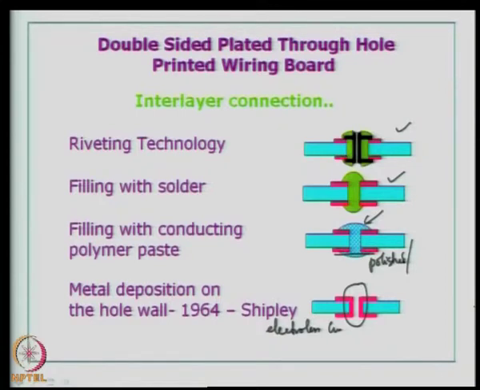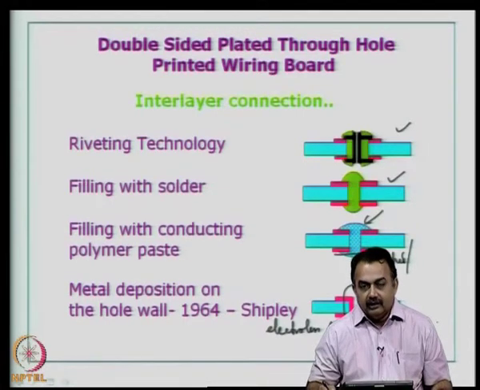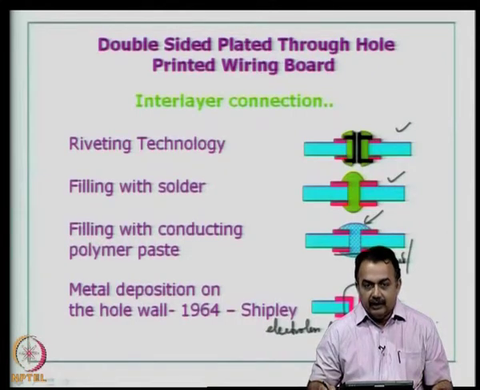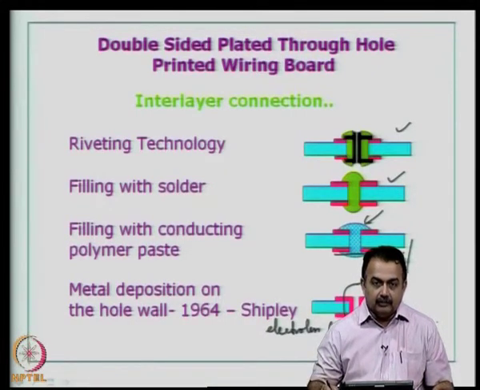You cannot think of any other alternative today of making a hole wall conductive by such a reliable method. Therefore, you can see a lot of research activities going on in this area to look at reliability issues, to improve the processes and so on. So, electroless came about later, followed by electroplating to increase the hole wall copper thickness, and today it is a very standard technology.